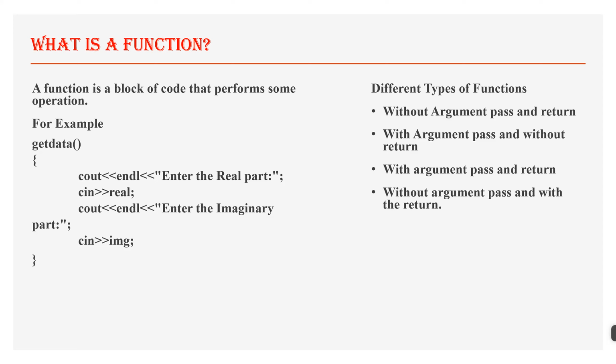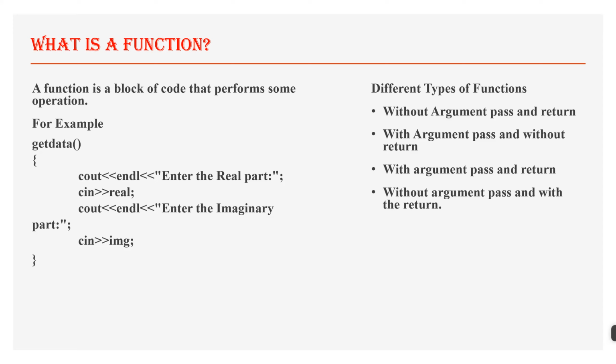Another one, the function which takes some argument from the main program but doesn't return any value to the main function. Another one which takes some argument from the main program and then returns some resultant back to the main program. One more which does not take any argument from the main program but returns some value to the main program.